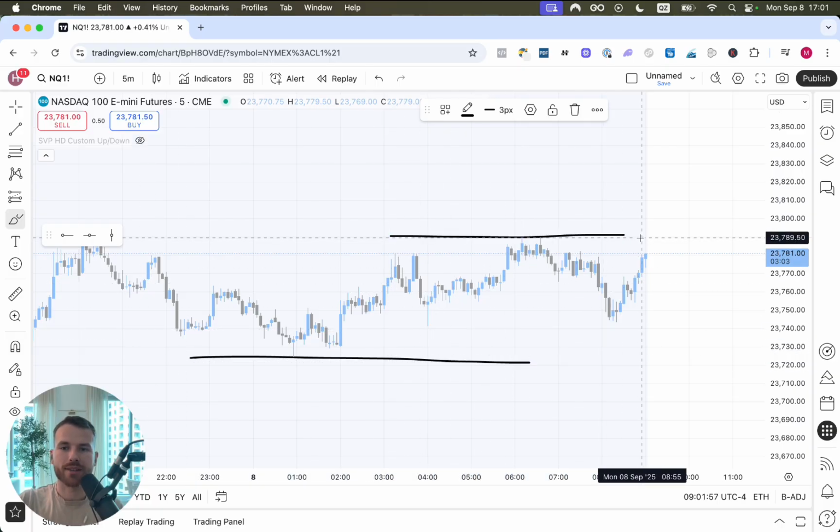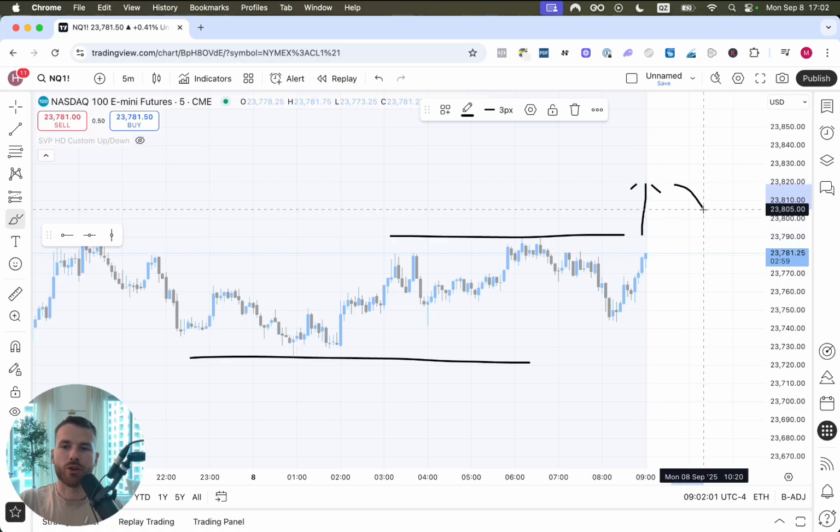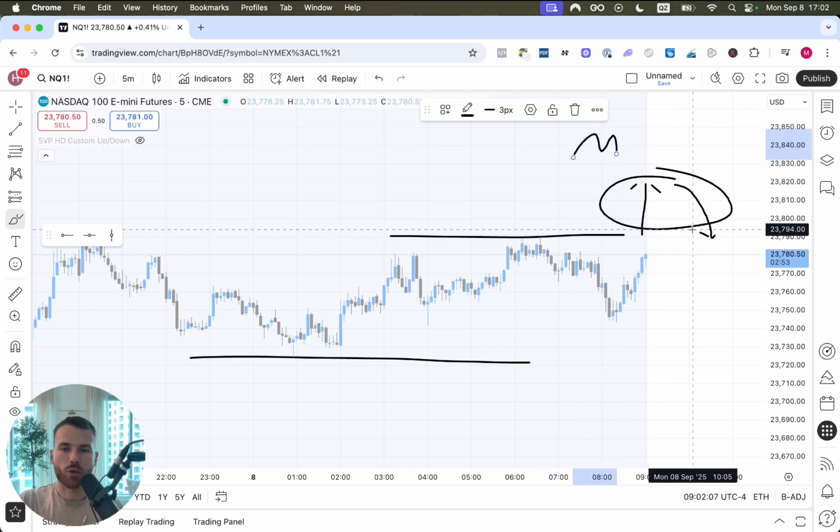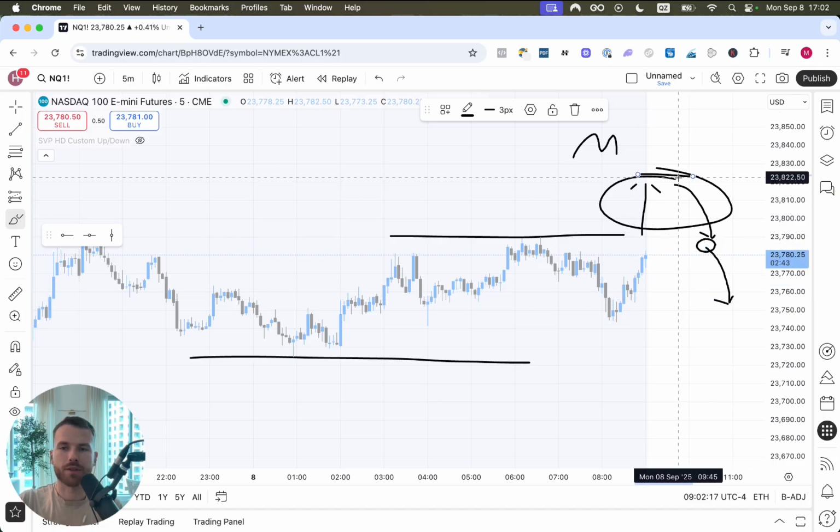So if the market breaks above these highs, but then turns around, because that right here is called manipulation, guys. This is not a real move. Then you can go short once more here, once the market goes back into this range. Obviously, stop should be above this high right here. And then you want to go for 1-to-1, 2-to-1 risk to reward ratio.